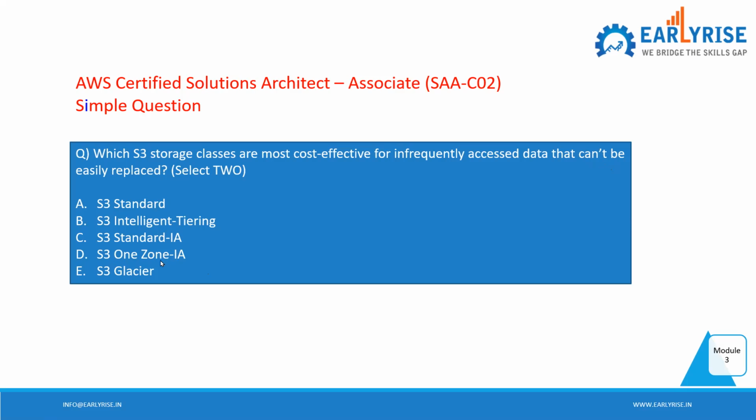What does it mean, sir, actually here? What does it mean that it can't be easily replaced? If data can be easily replaced, say like my biodata. I have written it, correct?